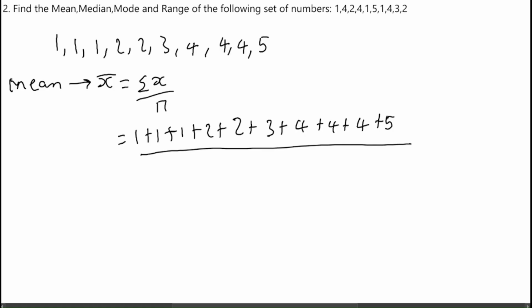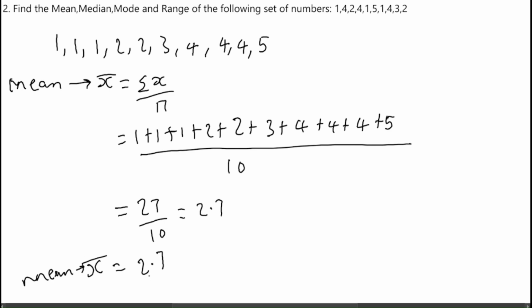Divide by the number of data involved, which is 1, 2, 3, 4, 5, 6, 7, 8, 9, and 10. There are 10 numbers of data involved. So divide it by 10. When you take the sum of the whole data together, you're going to have 27. Then 27 divided by 10 will give you 2.7. So therefore, the mean of the data set is equal to 2.7.